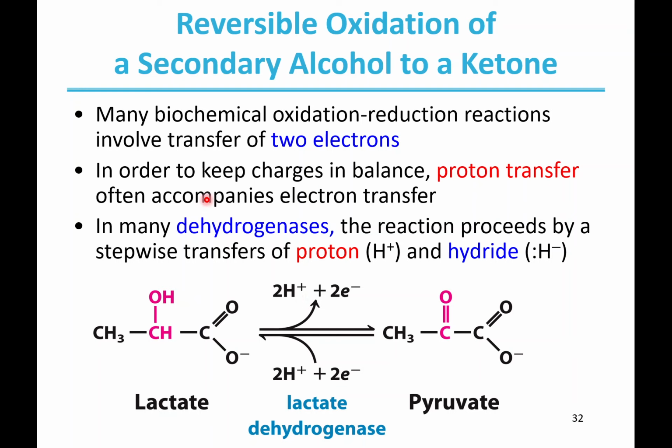Enzymes that carry out oxidation reduction reactions are referred to as dehydrogenases. Usually they proceed by a stepwise transfer of a proton, an H plus, and then a hydride, which is a hydrogen that has 2 electrons. The sum of that would be 2 H pluses and 2 electrons being transferred.